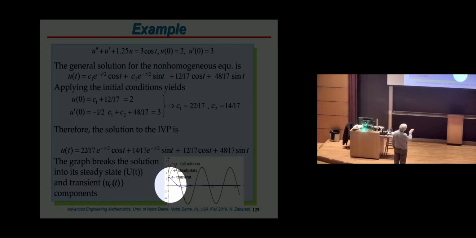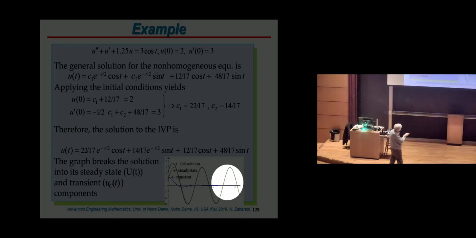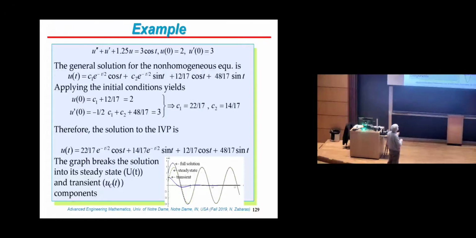And the difference of the two is this transient solution from the homogeneous problem. And you can see that after, let's say, time 5, it's 0, right? So if you're looking literally at long term, it is only the particular solution that defines the response of the system.